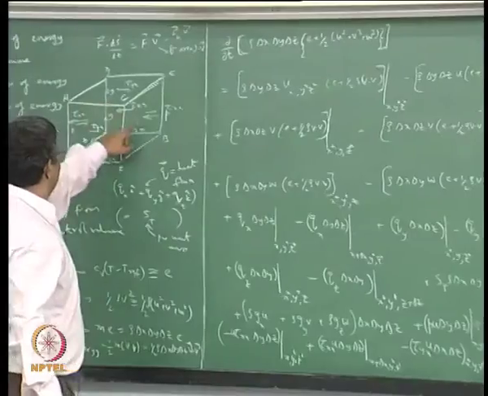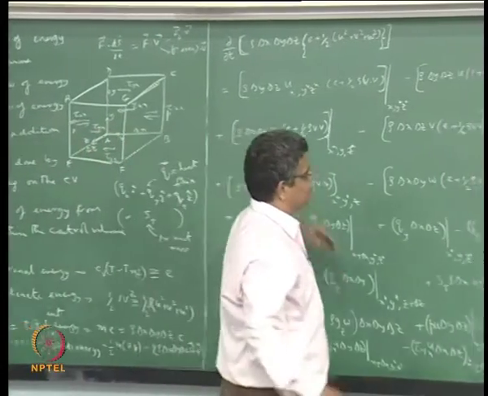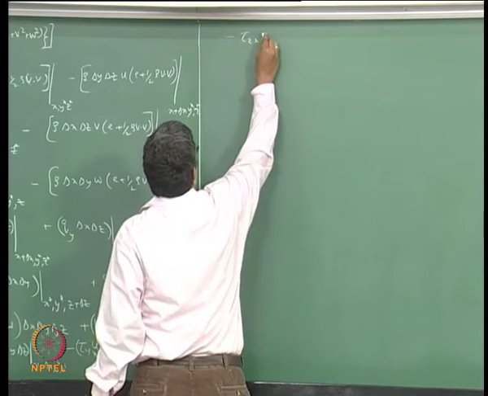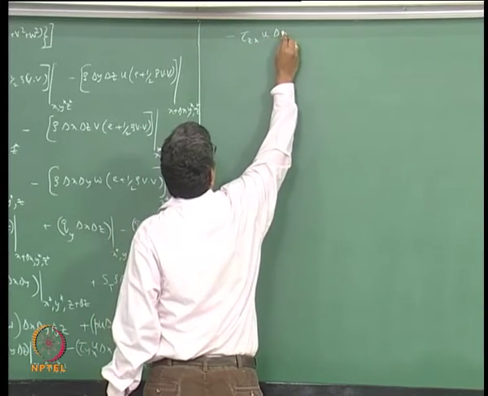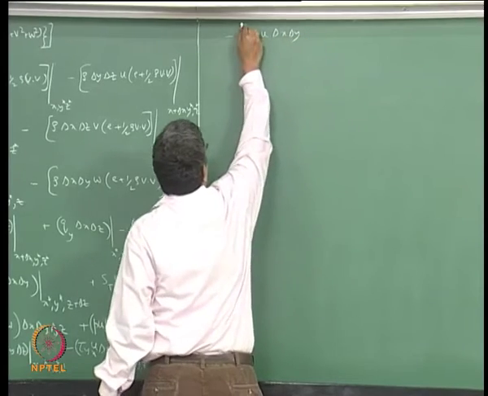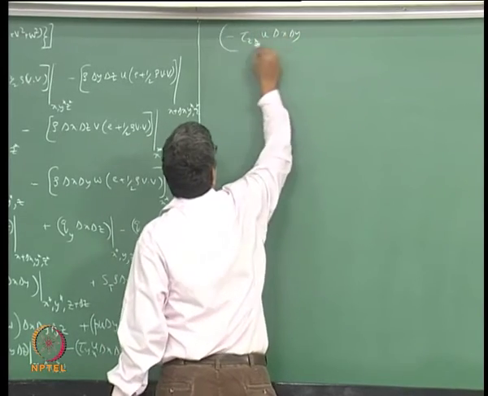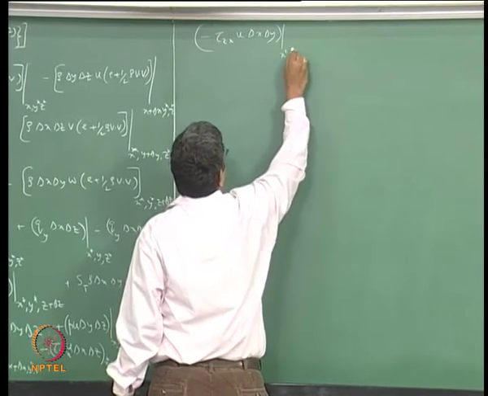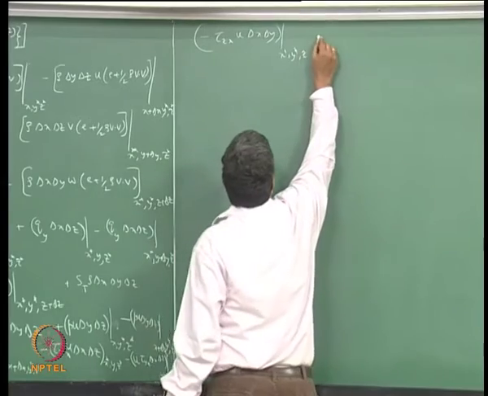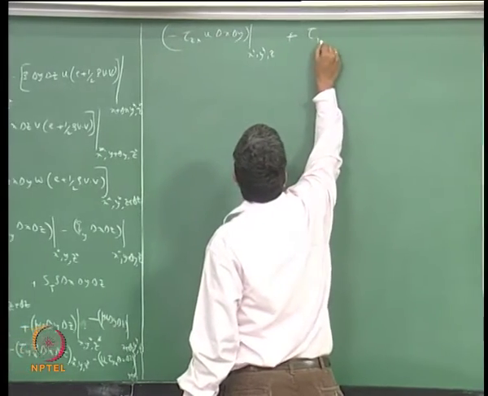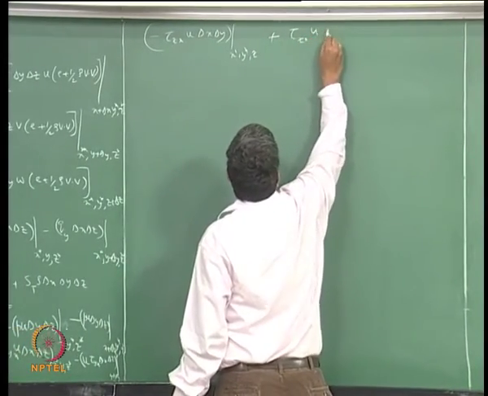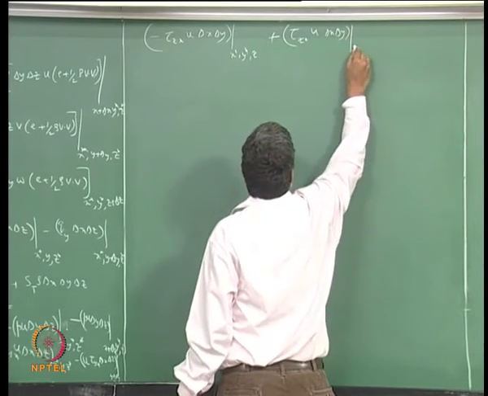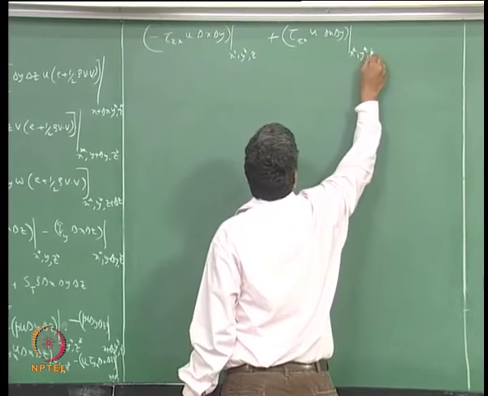And so finally we have the back face and the front face. The back face will give us minus tau zx times u times the area, which is delta x delta y, this whole thing evaluated at x star, y star, z, and the front face will give us tau zx u delta x delta y at x star, y star, z plus delta z.